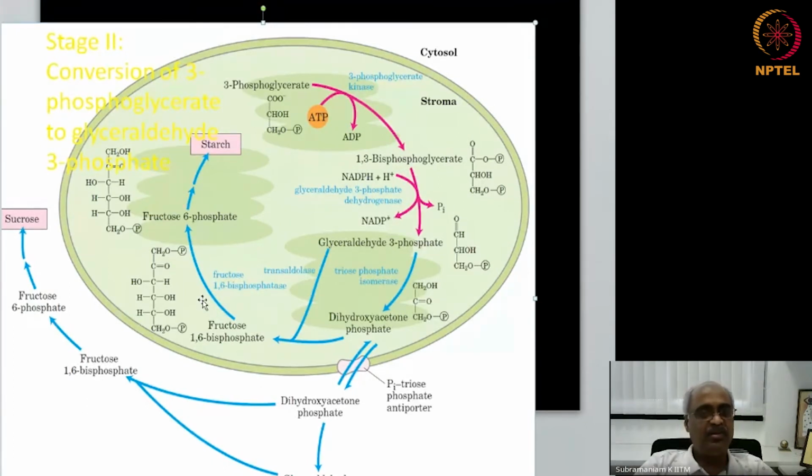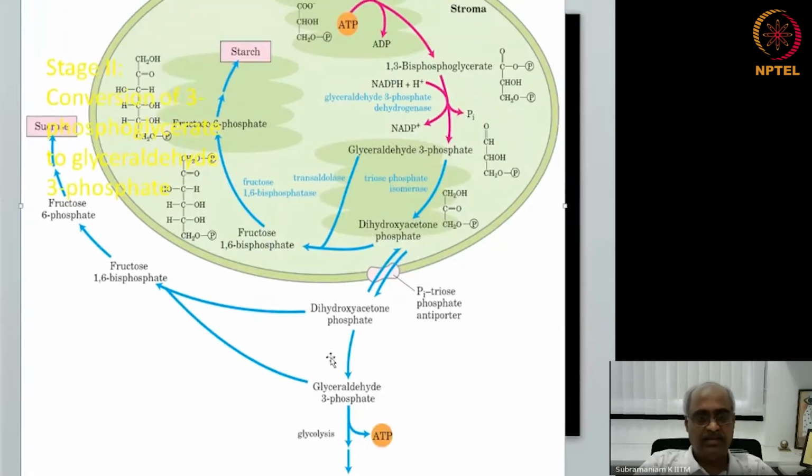And another one is it may be transported out via this inorganic phosphate triose phosphate antiporter, and the dihydroxyacetone phosphate that comes out, again isomerization to glyceraldehyde 3-phosphate, and this might get into glycolysis to produce ATP.